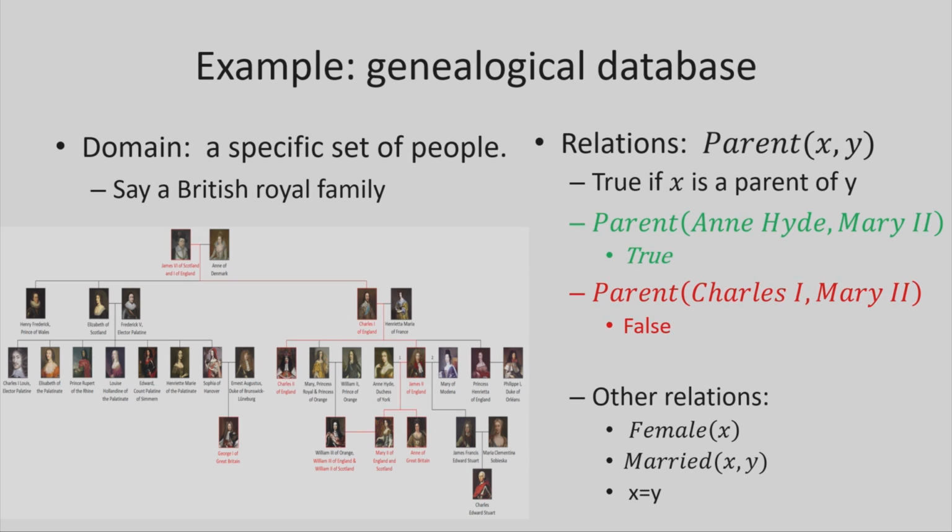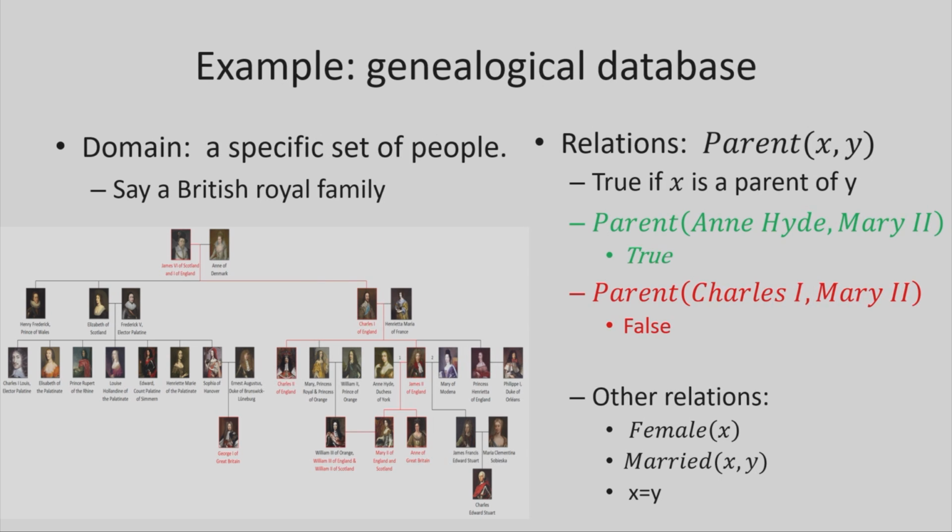So we could query the database with two names, call them X and Y placeholders, and it will say yes, true, if X is a parent of Y, so the person in the first position is a father or mother of the person in the second position, and we will say false, no, otherwise.